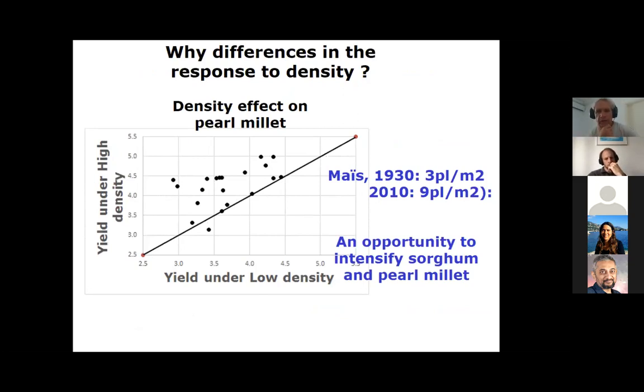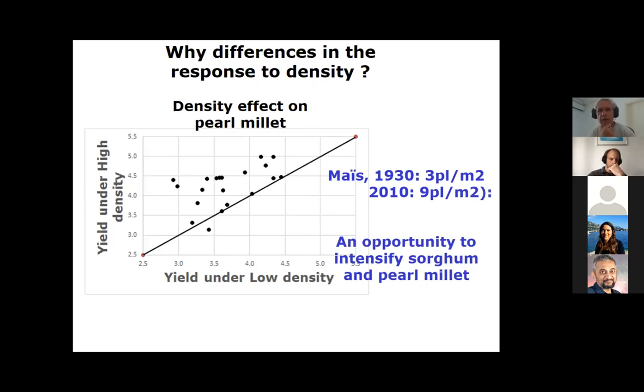The reason why I started that work is that if you look at maize breeding over about a century, the planting density of maize a century ago was 3 plants per square meter, and today it's about 9 plants per square meter. But crops like sorghum and pearl millet have not followed the same trend. So the question is, why is that, first of all?